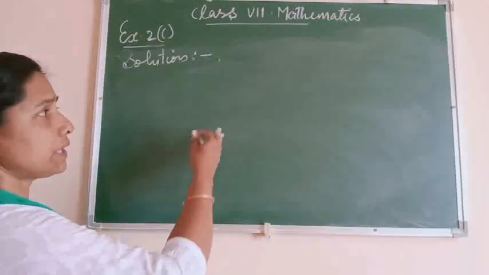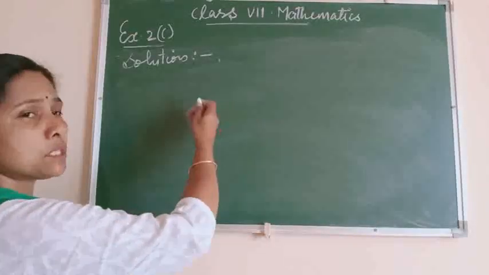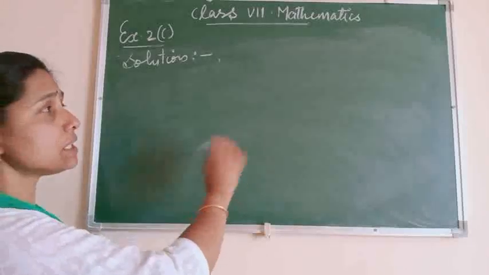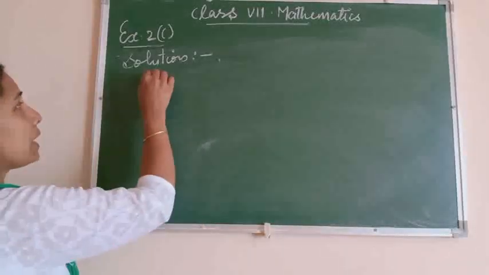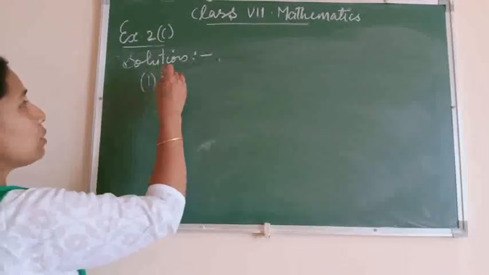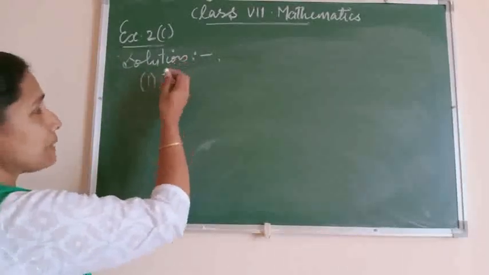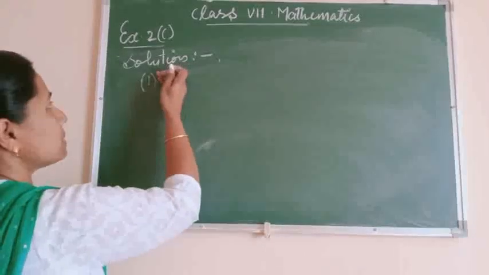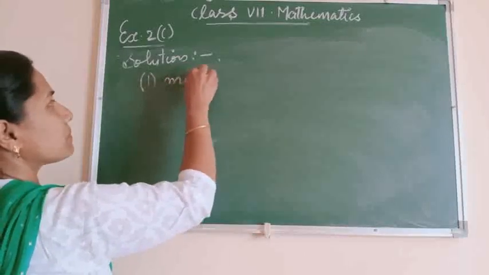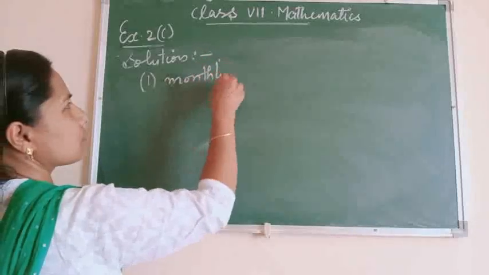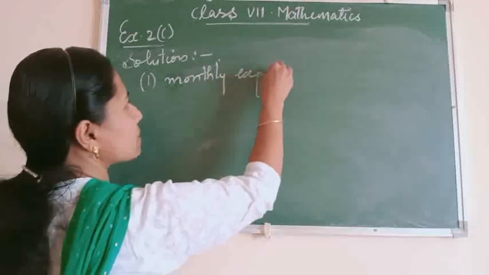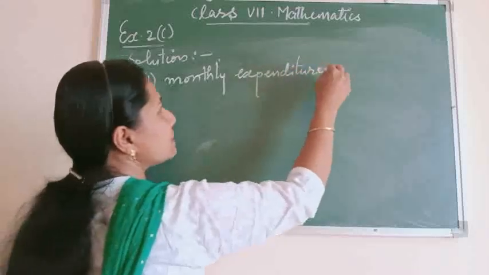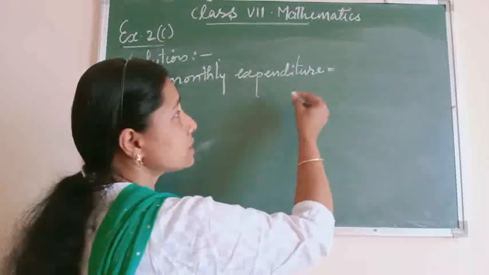Okay, now we have found how much money is spent on house rent, how much on education, and how much on food. Now the first part of your question, we are finding the total monthly expenditure. For getting the monthly expenditure, we should add all the 3 expenses.